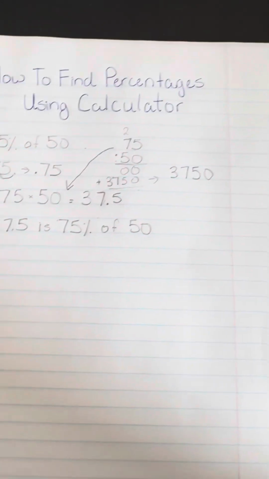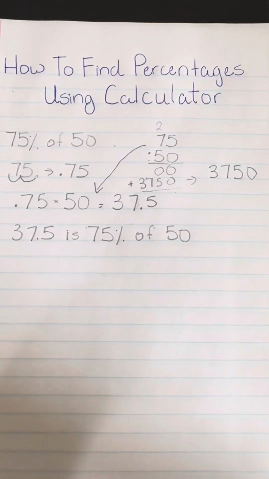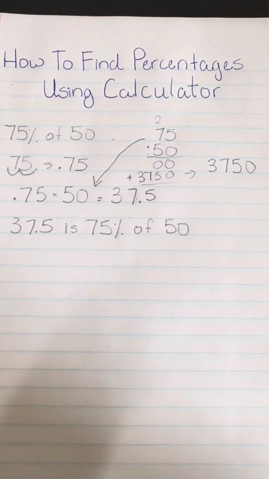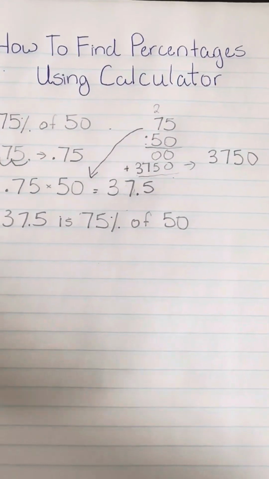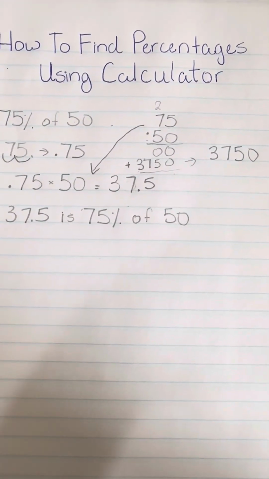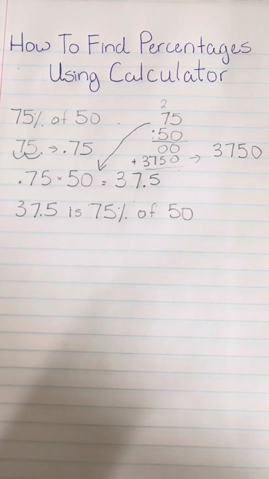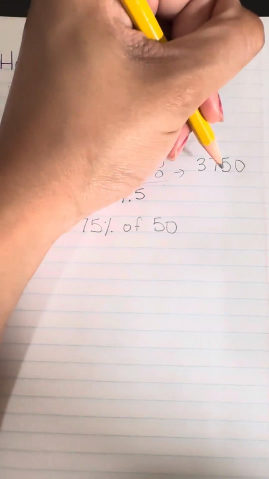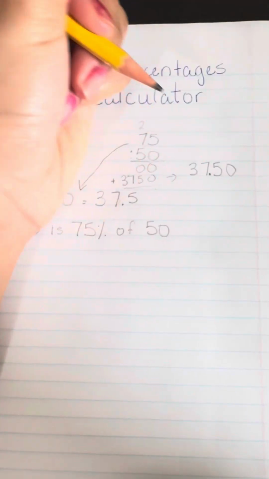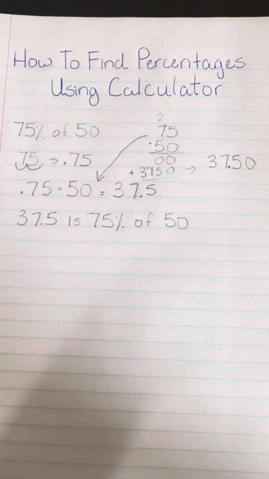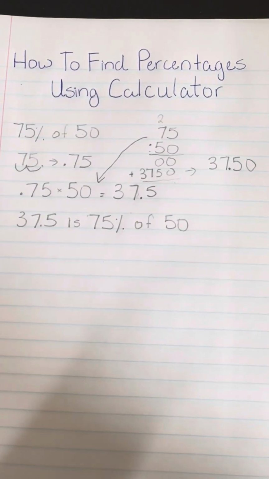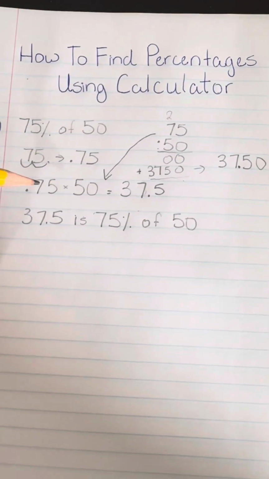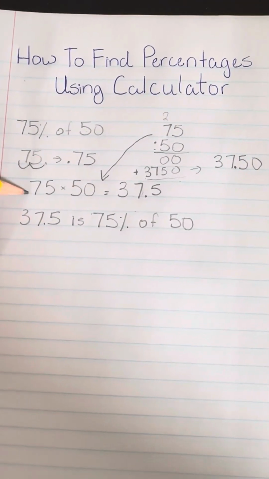Of course, you get 3750. And at this point, it's just a matter of where you are going to put the decimal, which in this case, we are going to put right about here. The reason why we know this is because there's 2 numbers behind the decimal in what we multiplied.